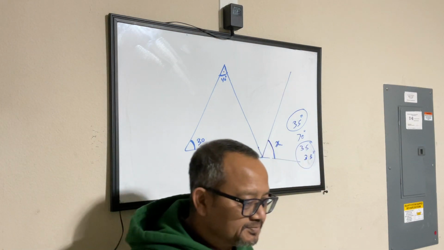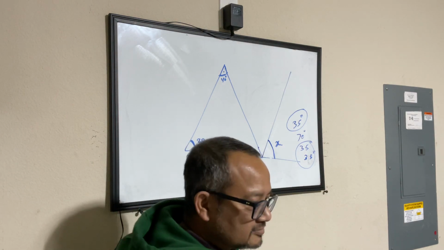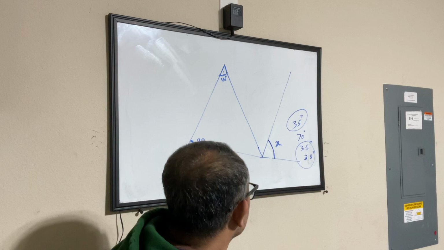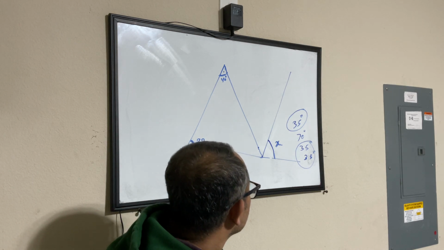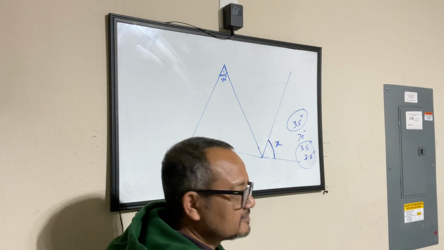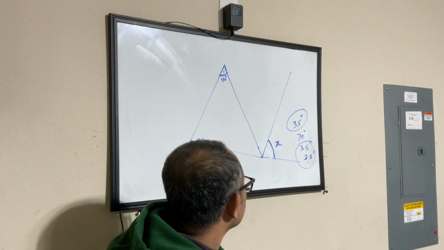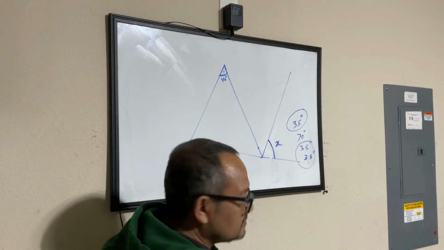I found the angle, 40 plus 30, and then you subtract that from 180. And then I assumed that x and the other angle in the middle were equal. A straight line adds up to 180, so I did 180 minus 110, then I did 70 divided by 2 and got 35.